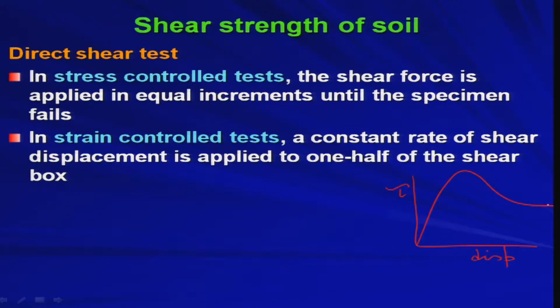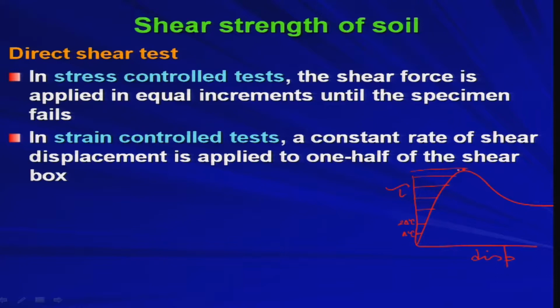Now, in case of stress control test, what are you controlling? You are controlling stress. Controlling stress means first you are applying delta tau, say, then in the next increment you are going for 2 delta tau and gradually you are increasing, okay, and you are reaching, say, this peak.